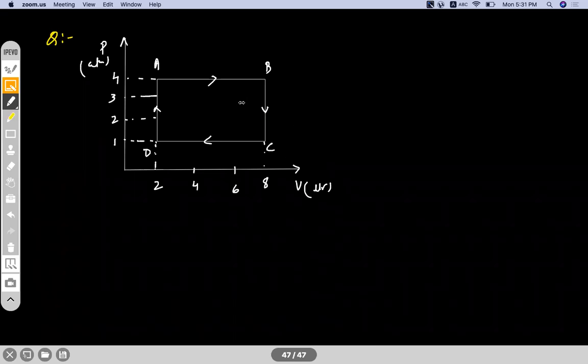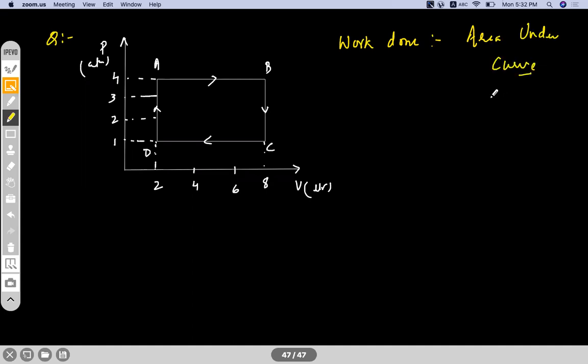Minus 18 you are getting, right? So we'll find out the area under curve, right? So work done in PV graph is nothing but area under the curve. Only in PV graph it is.